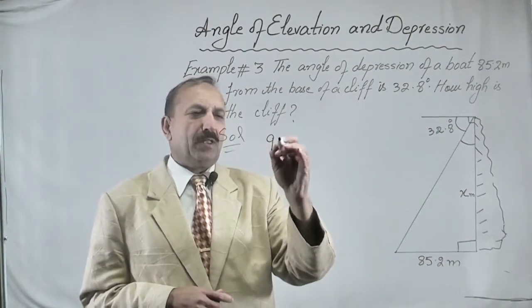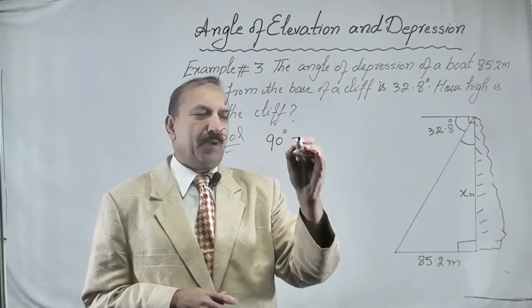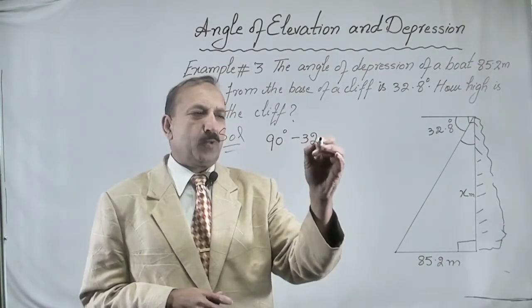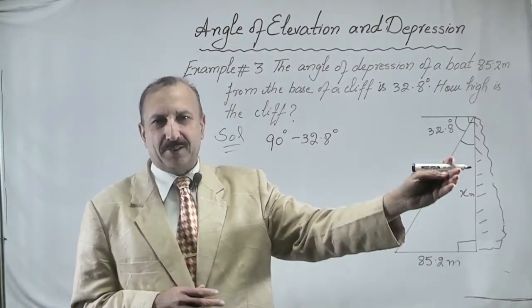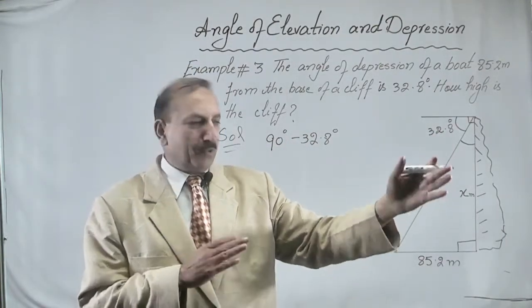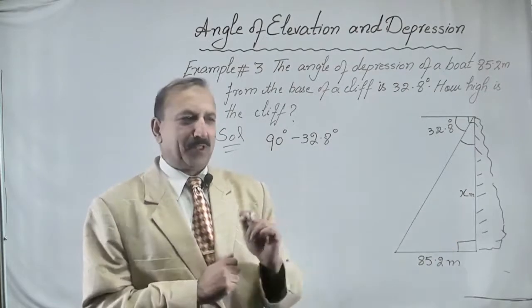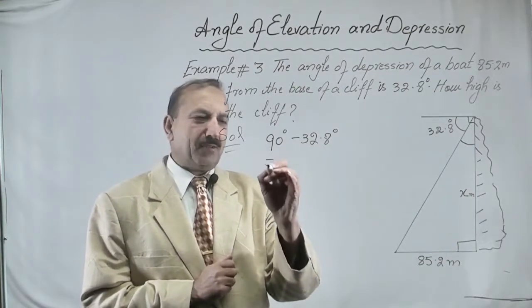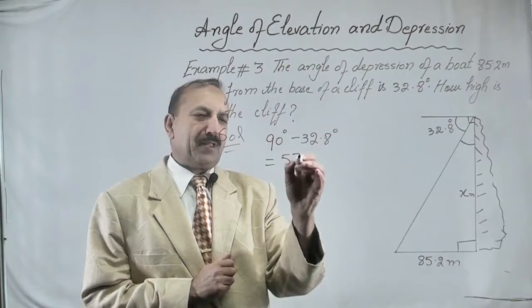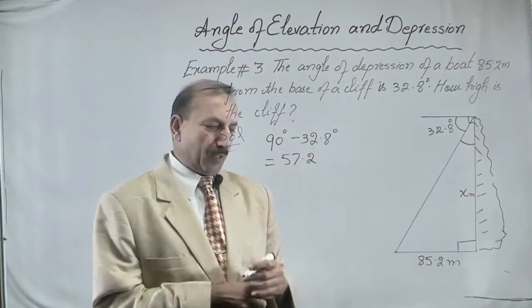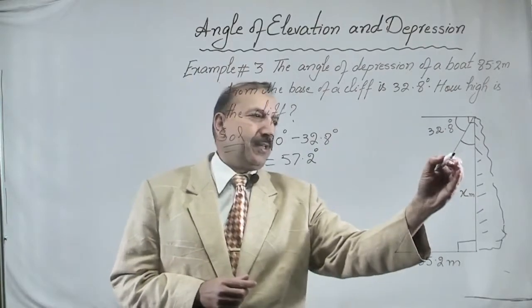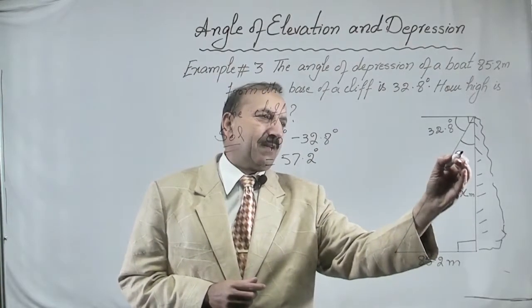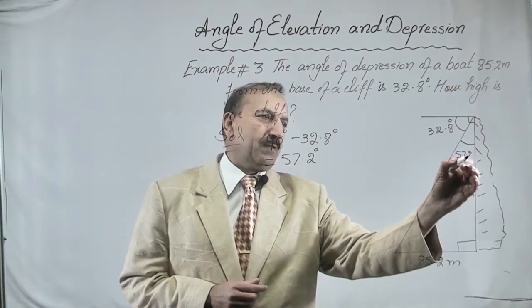First of all, 90 degree minus 32.8 degree will give us the angle inside this right angle triangle. That will help us carry on the rest of the procedure. When we subtract it, we get 57.2 degree. This is a 57.2 degree angle.